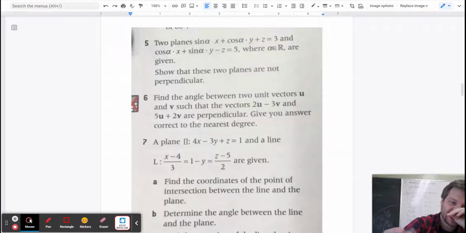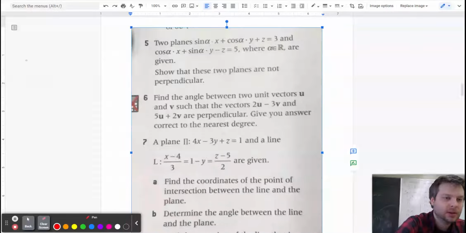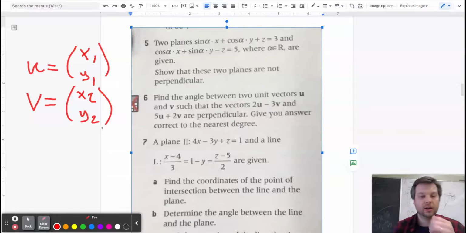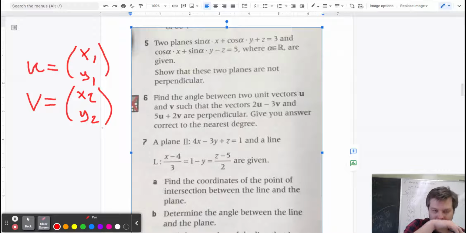And so what we'll say is we know that vector u can have x1 and y1, and vector v can have x2 and y2, and we know that they are unit vectors, and so that means that their components have a magnitude of 1.